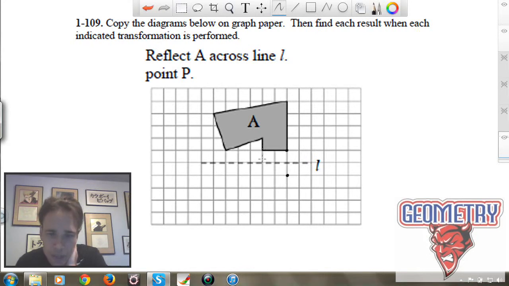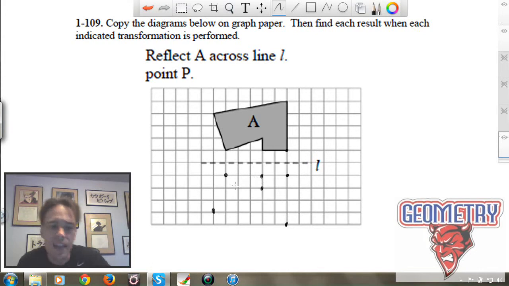And I'm going to do that with all the major points. Pick this point 2 units away, so 2 units away there. That point is 1 unit away, so 1 unit away there. 4 units away there, so 4 units away there. This point is 5 units away, so 5 units away.